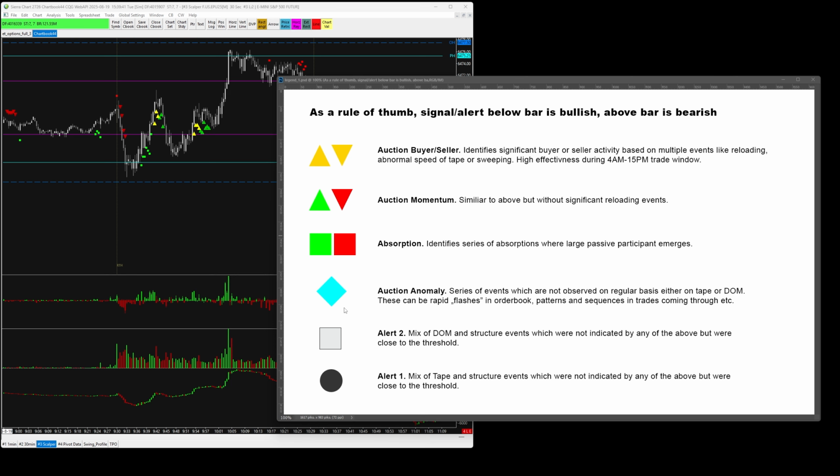Okay, so auction anomalies. I'm not going to get into all the details because this is kind of like my secret sauce. But I will obviously tell you a few things that this includes. So, for example, when I see this strange behavior, like 13 contracts coming in, next second 13, a strange number, an odd number, not 5, not 10.